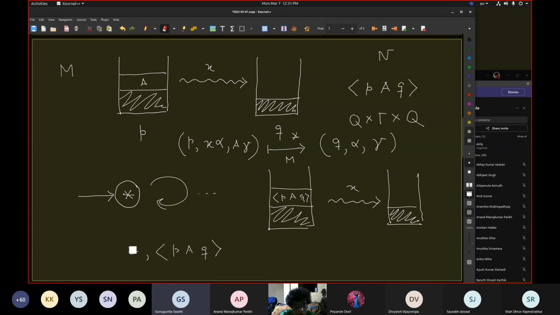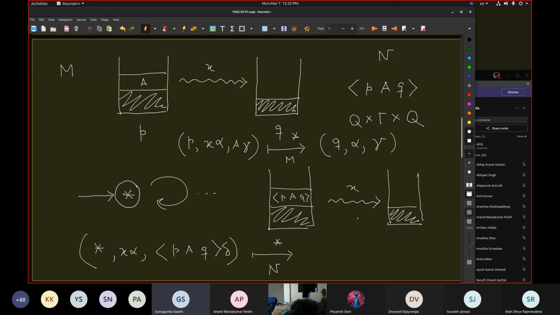X alpha should be first, followed by some string gamma, not the same gamma, maybe delta.